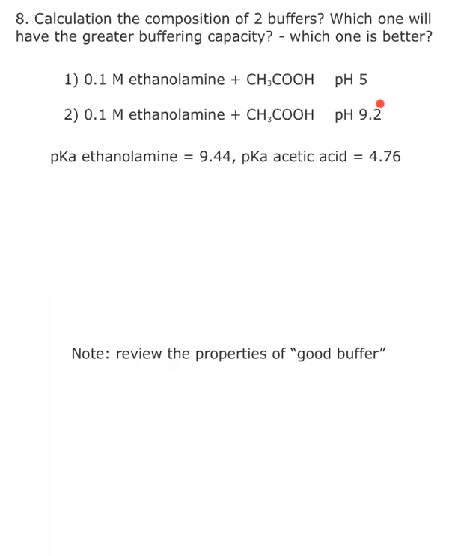And the second property of a good buffer is that it should not interfere with normal biochemical reactions in the body, because if it interferes, it would change or affect the biochemical process of our body system.